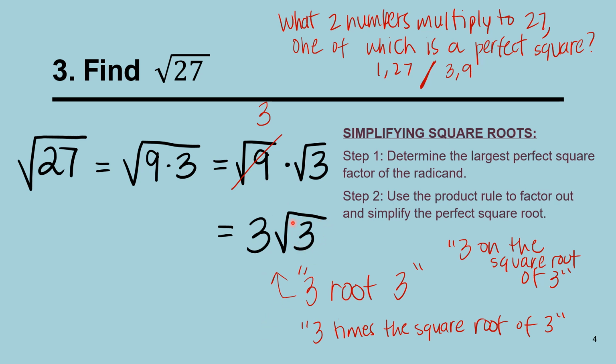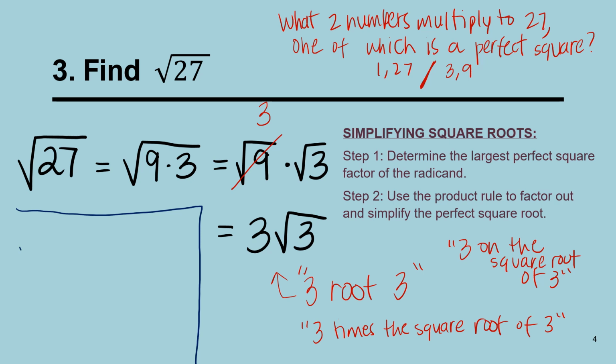You should look at your radicand and say, okay, is that in its simplest form? Is there anything else I could do to split this up into two factors, one of which is a perfect square? All right, let's look at that square root of 63 example, and then we'll move on to cube roots.